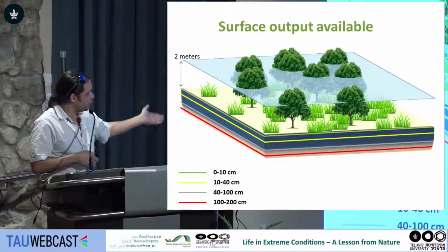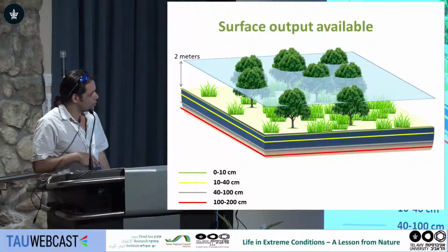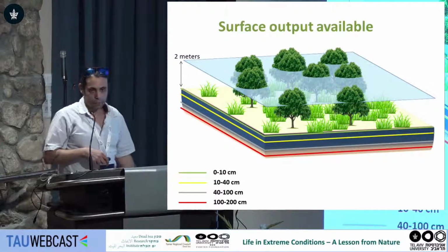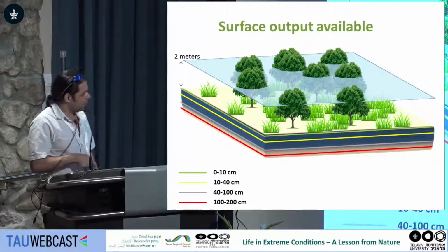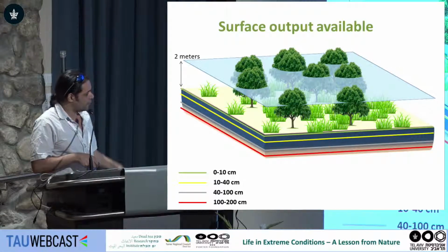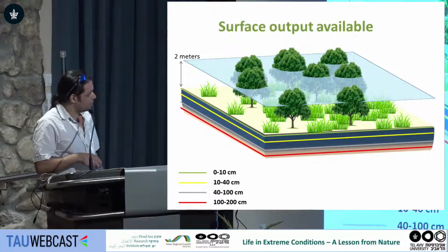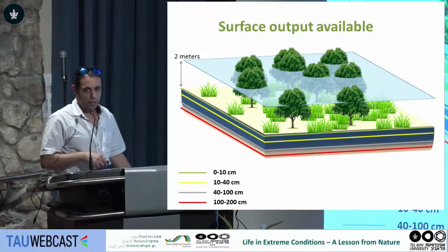Well, and if you look at soil data, we see that the resolution of soil data is pretty low. And animals, insects and other animals, can change their behavior and their location at centimeters and not at meters.